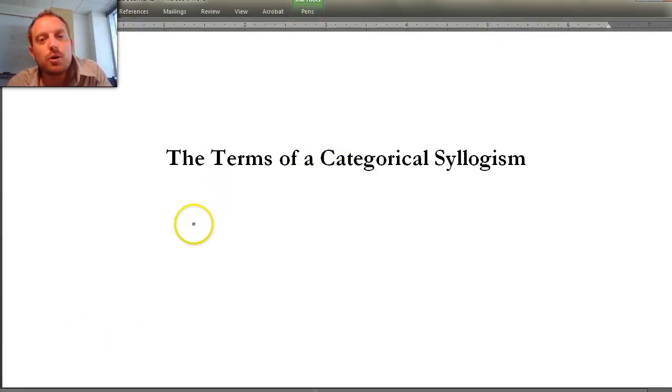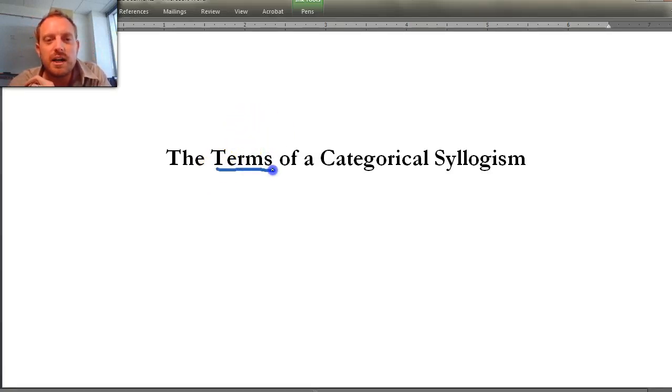A categorical syllogism, well, in each of the forms, the types of logic we're looking at, there's what I call the atom of the logical system, meaning the smallest component of the logical system. For instance, in propositional logic, an entire proposition is that atomic element. Whereas in categorical logic, the smallest element is the term.